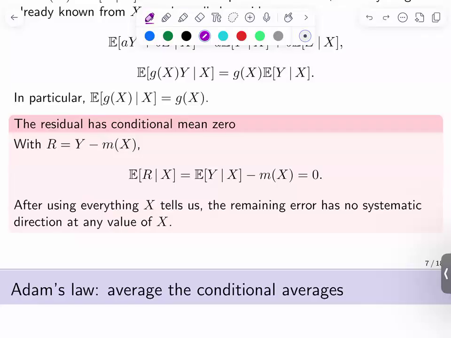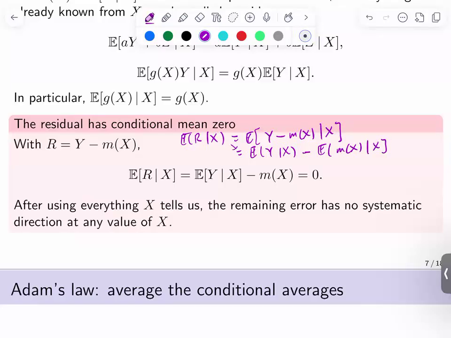This will turn out to have conditional mean 0. So if you look at the expectation of r given x, this is the expectation of y minus m of x given x. Using the linearity, I can move the expectation inside. So you get expectation of y given x minus the expectation of m of x given x.